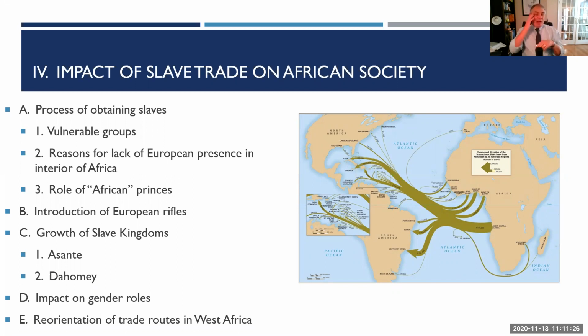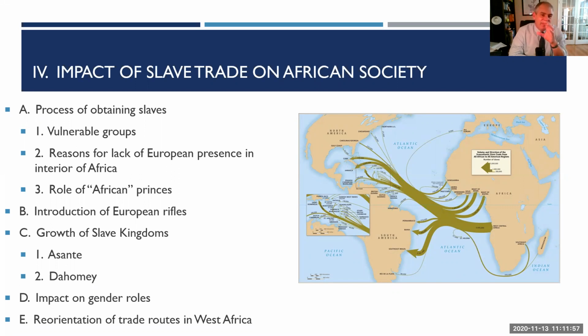Now, the other impact is a little bit more within the population. So far, we focused more on the upper class, if you will, the chiefs and the princes and the Portuguese merchants and how this business arrangement is developing. But then we want to look at the local level, since the population that is going to be focused on for enslavement is going to be male more than female.